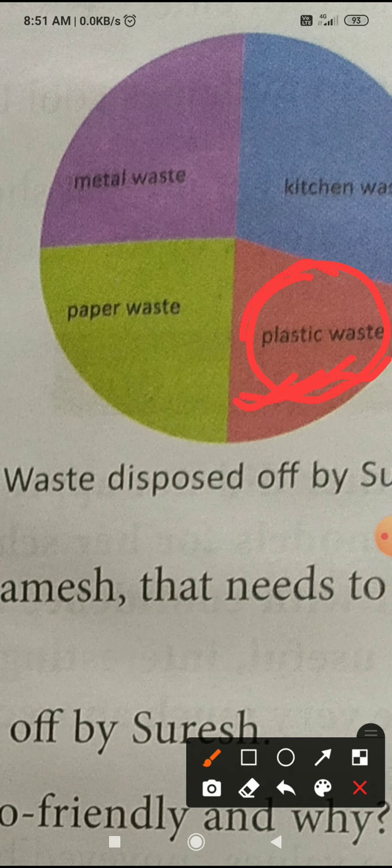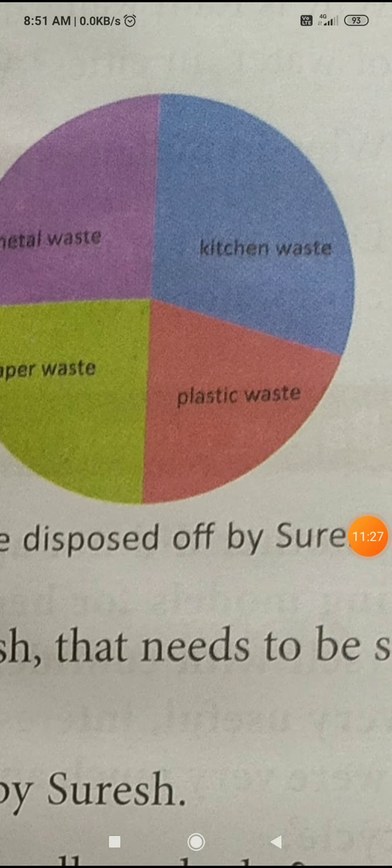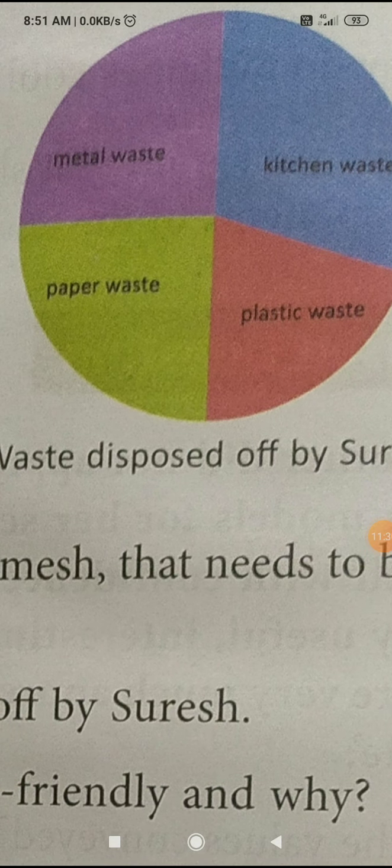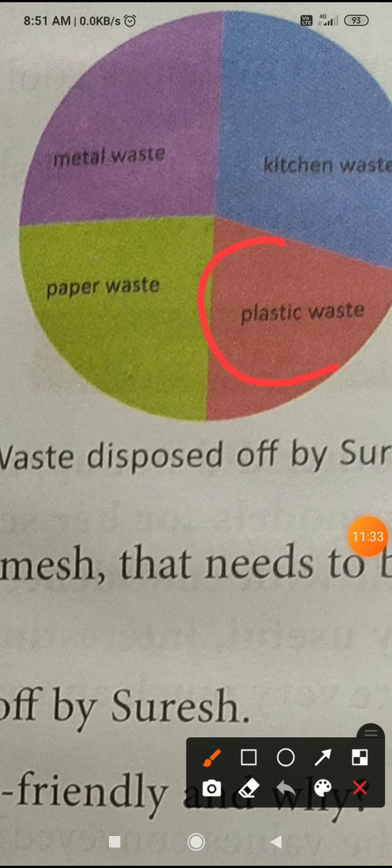So children, you are the science student, you have to be very aware towards the environment, because your first chapter is save environment or environment knowledge you have to know. So surrounding you, at your home also, if you are throwing the waste material collectively at one place, you should also segregate.